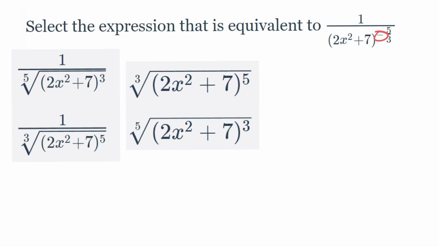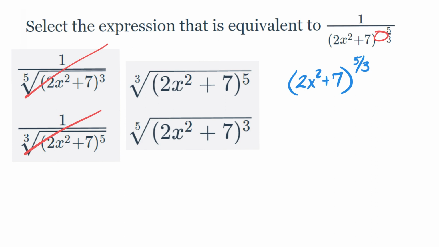I want you to understand, I'm not flipping this equation. It's just now we are going to have a denominator of 1, so we don't have to write it. But this gets moved to the top to join the 1, so therefore it's this. So this will not be in a fraction form because we have no reason to convert it back. So these two answers are incorrect.